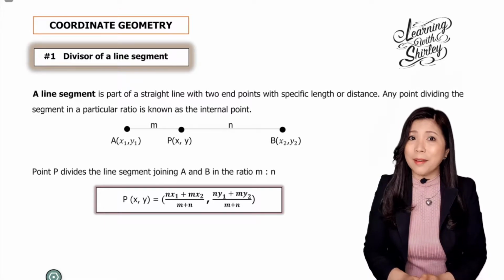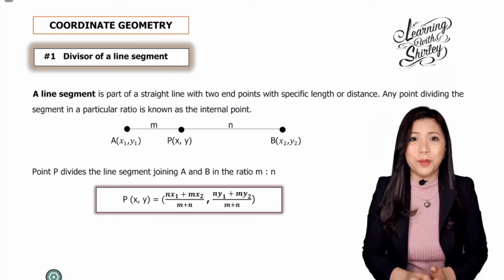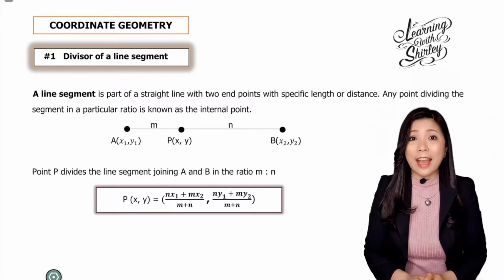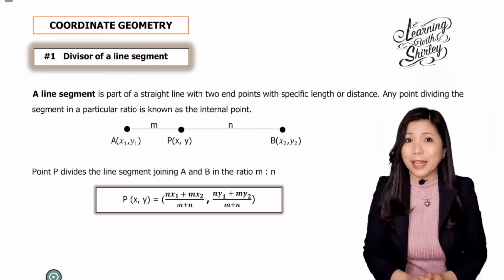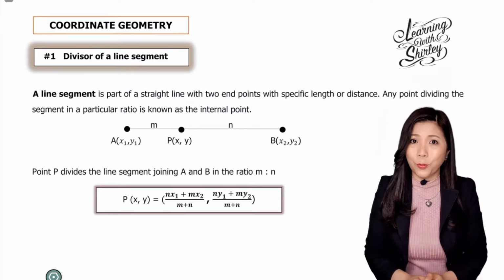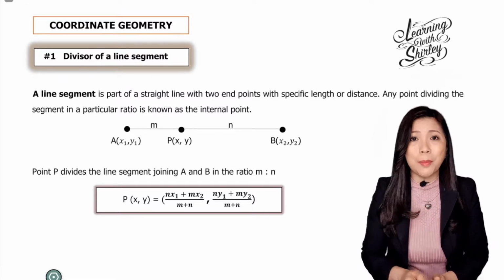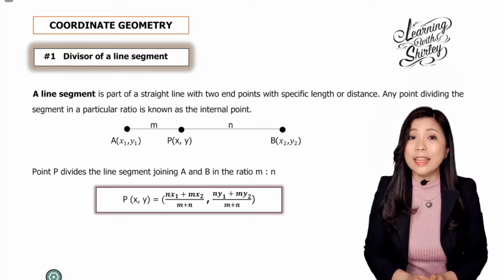So to find the point P, which is in between A and B, we use this formula. P(x,y) equals (mx1 + nx2) over (m + n), comma, (ny1 + my2) over (m + n), in big brackets. So remember to memorize this formula if you want to find the internal point.